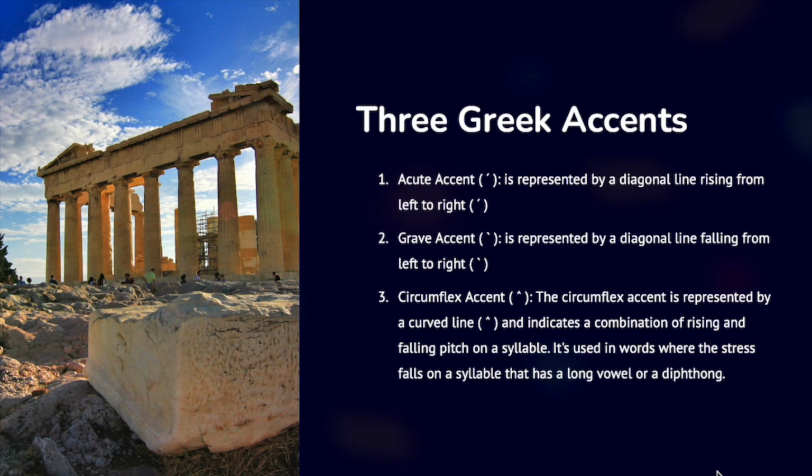For instance, if you think of an example where a Greek word ends with omicron, upsilon, you will see where you'll have a circumflex over that diphthong. But on the other hand, you may see a combination of two vowels where when they come together, they are meant to be separated. And when they are separated, you'll see an accent or a diacritical mark over the first of those vowels.